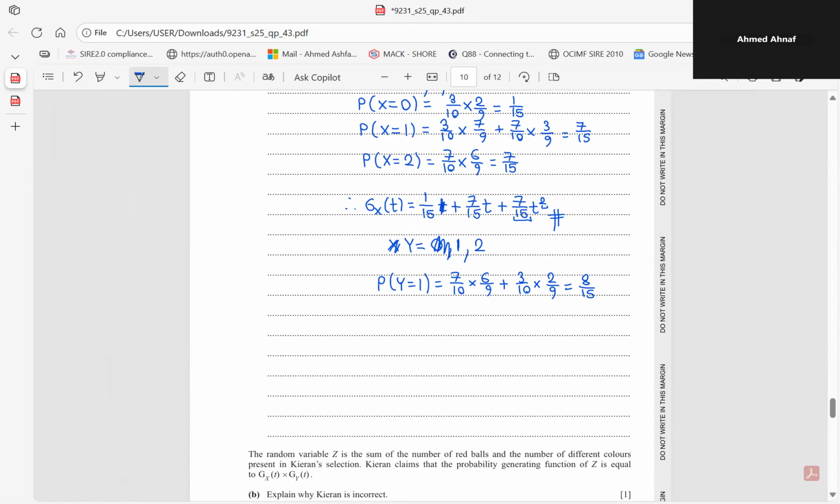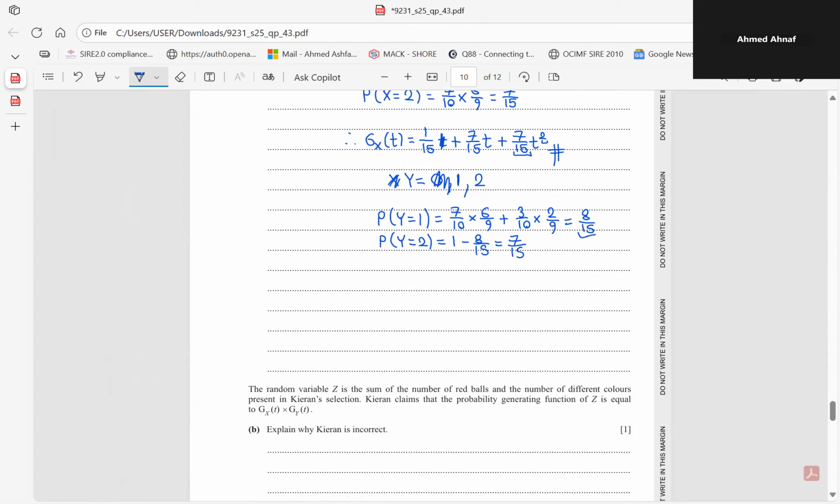And let's not find the probability of Y equals 2 manually. We can just subtract this probability from 1. You get 7/15. So our probability generating function for Y is 8/15 t to the power of 1 plus 7/15 t squared. So these two are the final answers for the first part of this question.